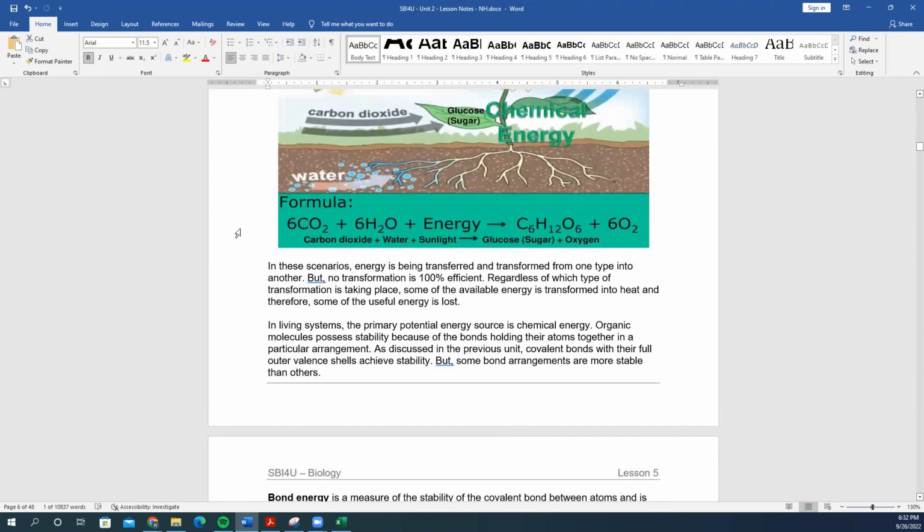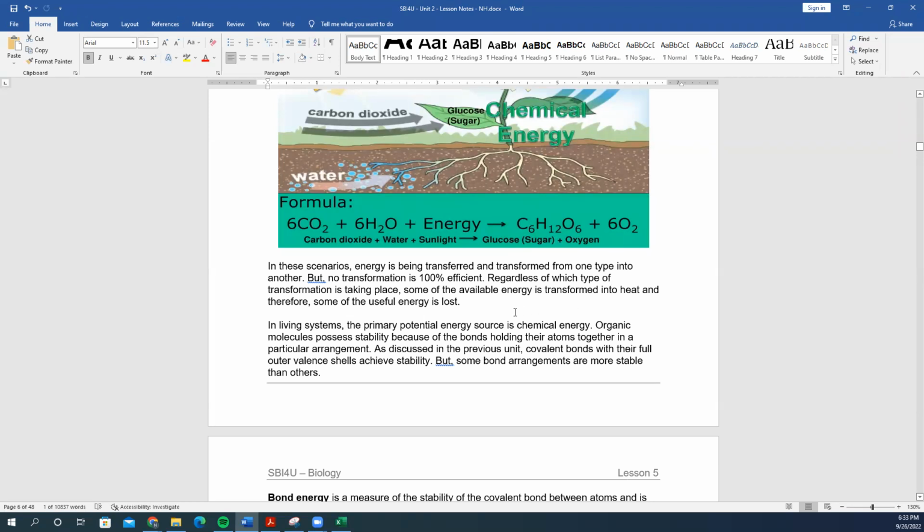And here is a basic reaction of photosynthesis, where you have carbon dioxide and water plus energy, and this is sunlight, radiant energy, producing glucose and oxygen. And the bonds within this glucose molecule are where all of this energy has now been stored, and also within the bonds of the oxygen, of course.